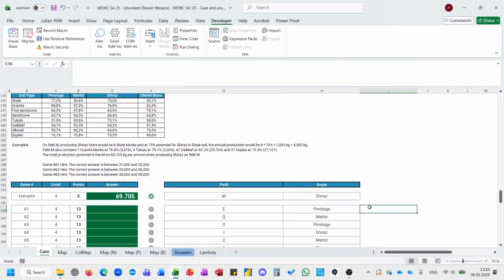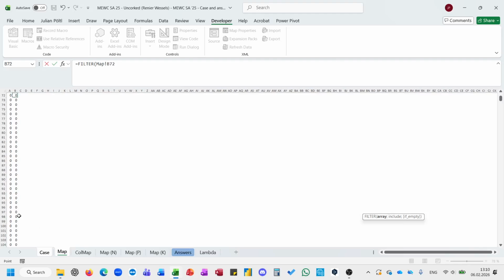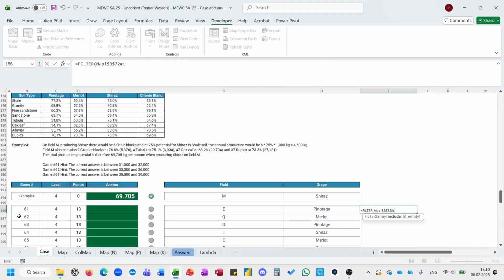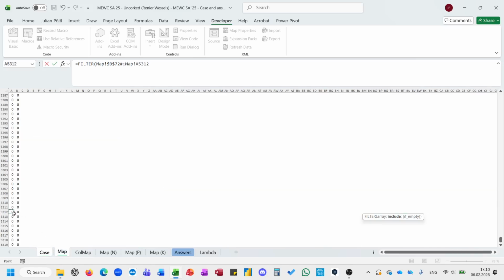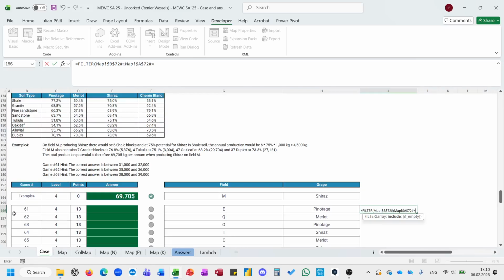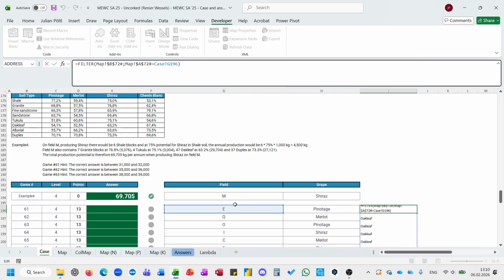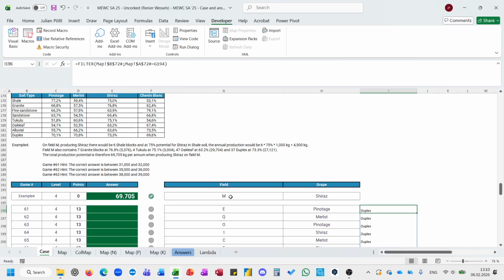Okay, no. So we filter the soil type based on the field. Okay, let's do this with the first one. And then we do a 2-dimensional XLOOKUP in here.